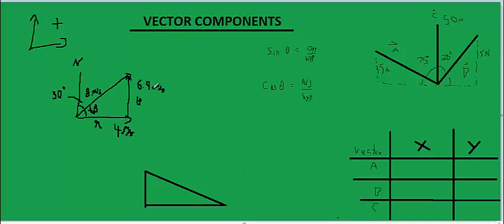Now if we plug in our values here, sine of 60 degrees times 8 meters per second, we would get 6.9 meters per second vertically, and cos we would get 4 meters per second horizontally.